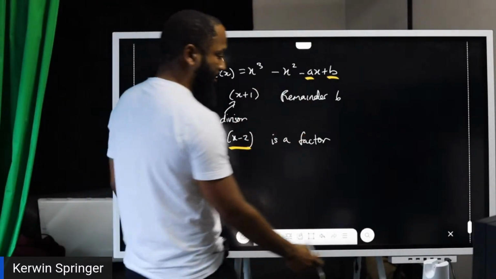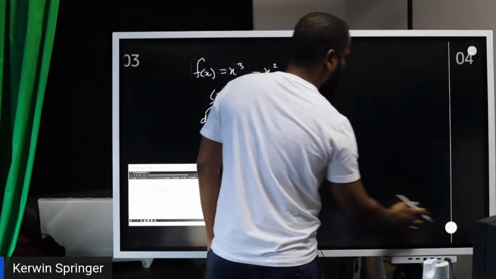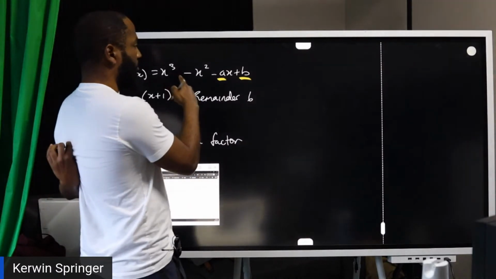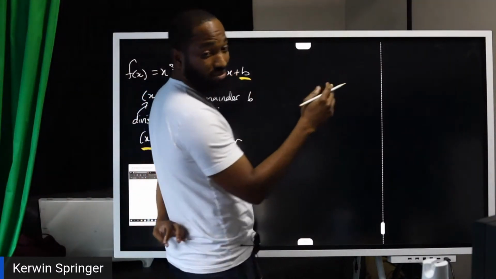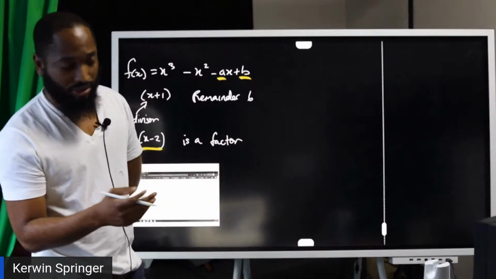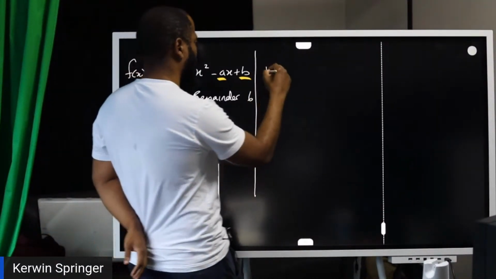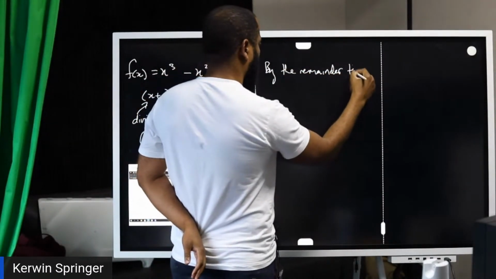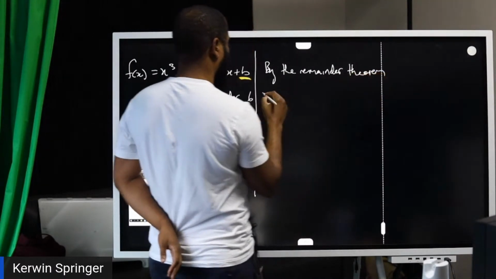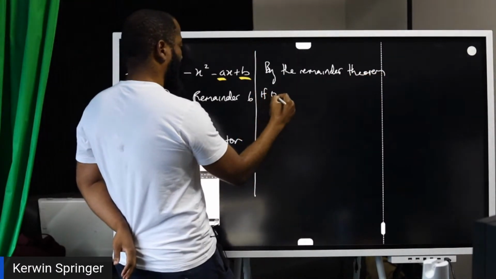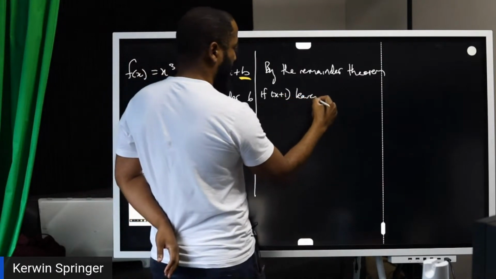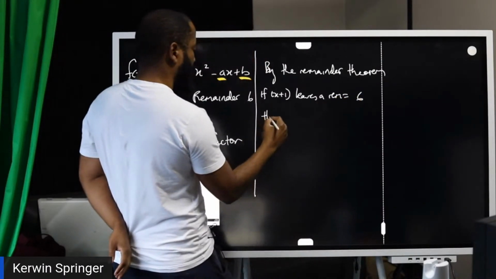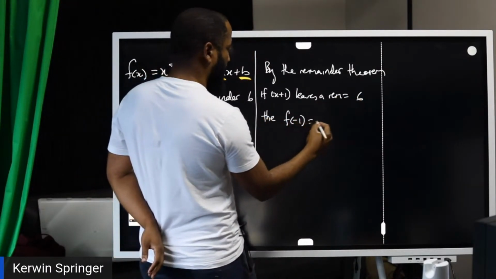So you want to set up those conditions. Using the remainder term, if x plus 1 leaves a remainder equal to 6, then f of -1 is equal to 6.